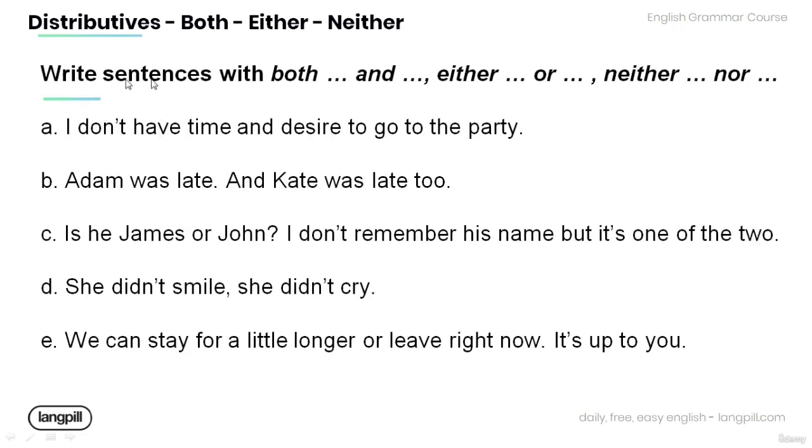And now, rewrite the following sentences using both and, either or, neither nor. A. I don't have time and desire to go to the party. B. Adam was late and Kate was late too.